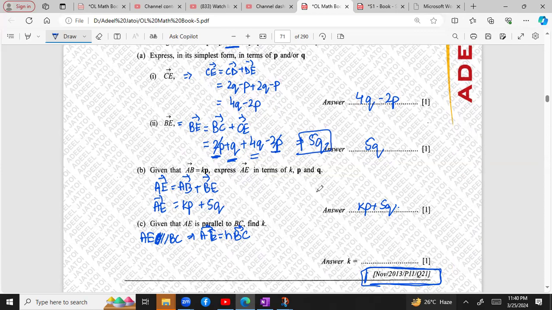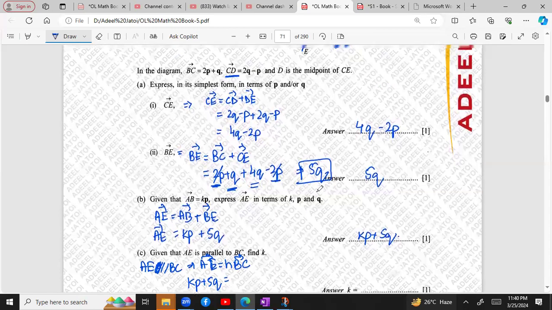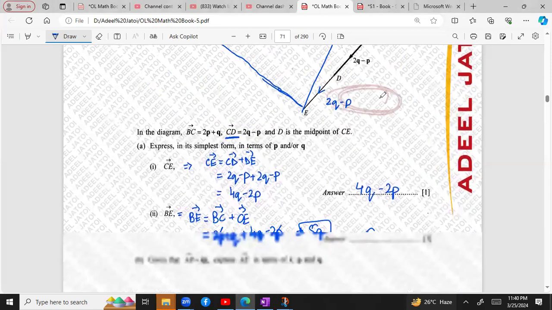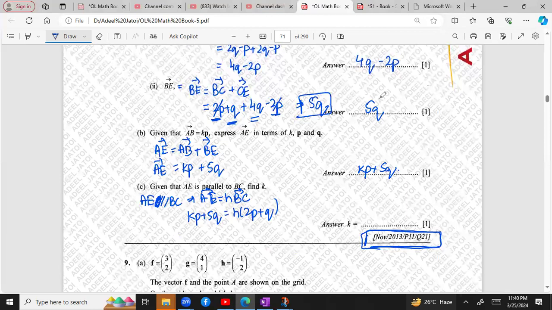AE we already know is KP plus 5Q. We did not find BC, but we already know BC is 2P plus Q. So we can write KP plus 5Q is equal to H times 2P plus Q.